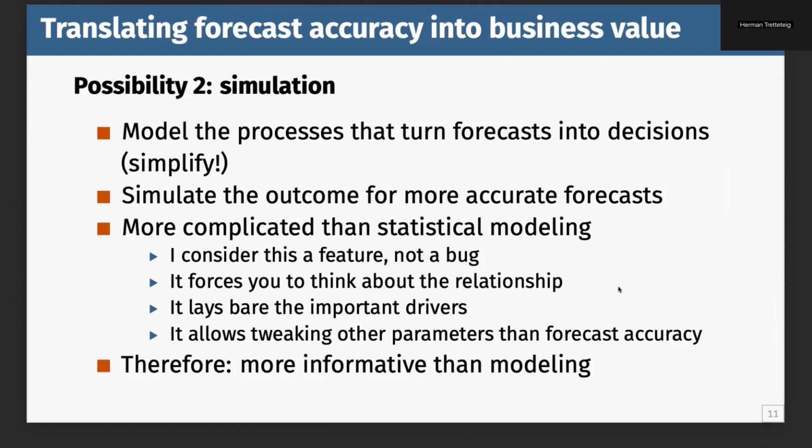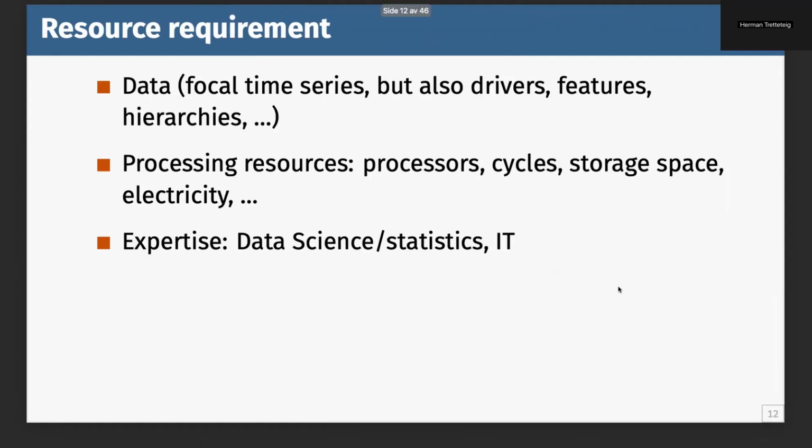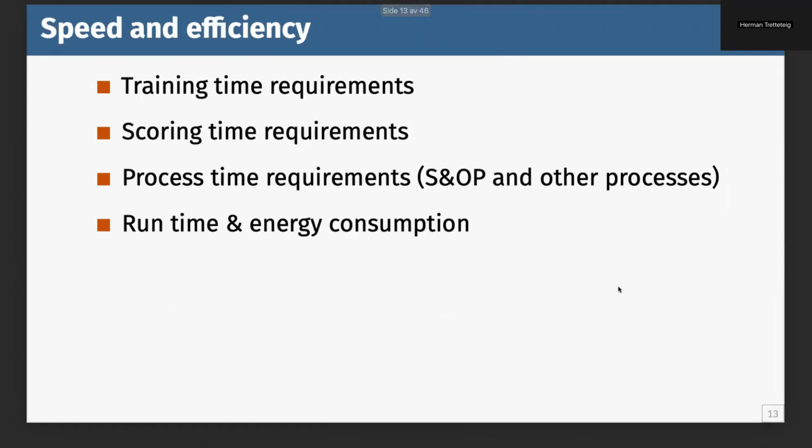So you could build simulations and you have inputs to that simulation and you have your other inputs as well, because forecast is just one input. And then you can see how actually forecast translates to the solution. So this would be the second and better way, if you want to know how forecast accuracy translates to business impact. I think I talked about this.